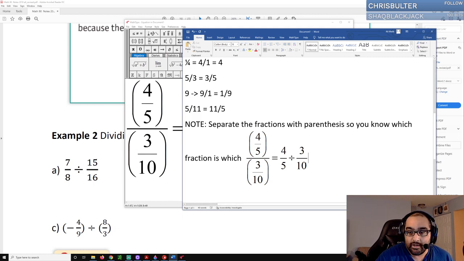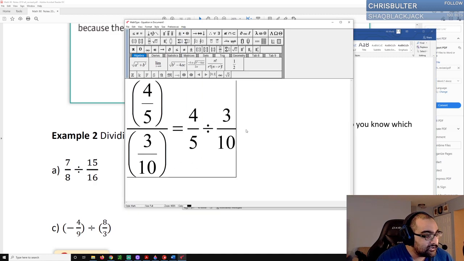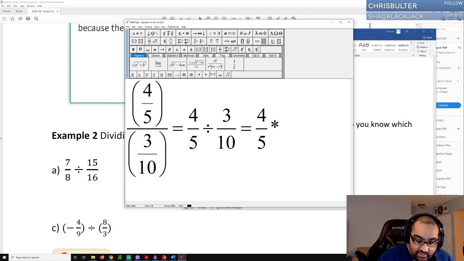Okay, so let's go ahead and now rewrite this one more time. We're going to rewrite this as 4/5, and then we're going to change the division into multiplication, and then we're going to do 10 over 3, just like so.